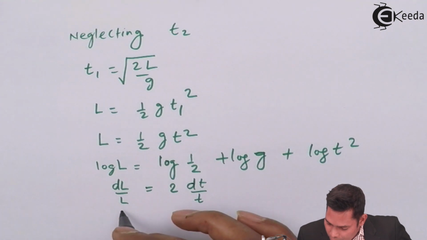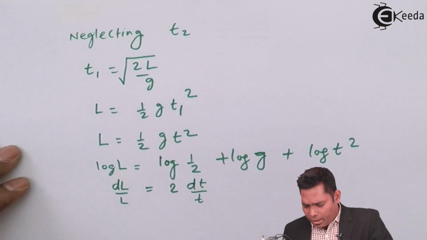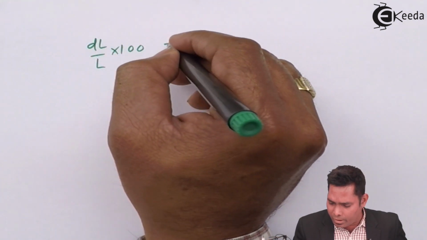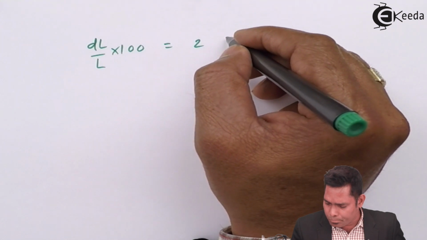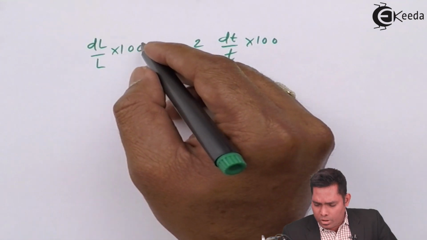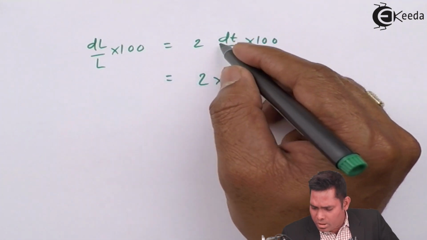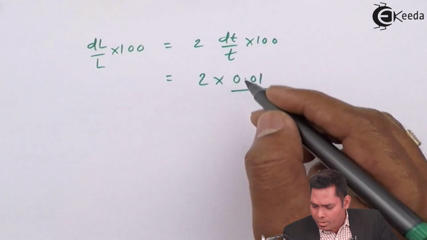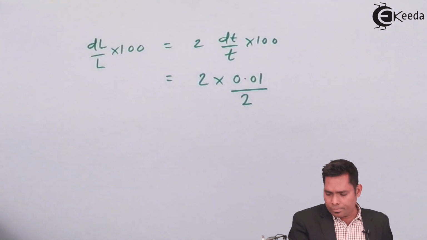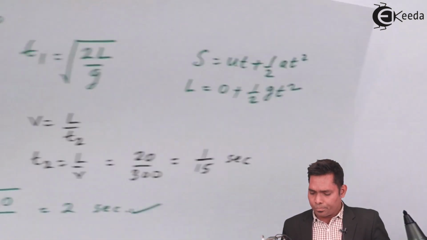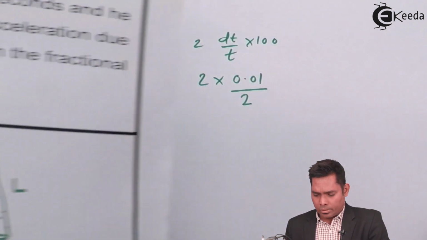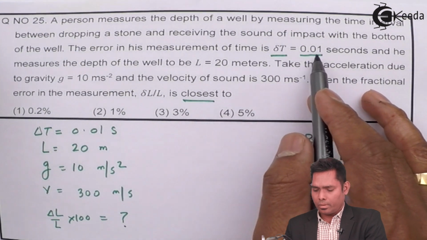Now if I use this as a percentage, the percentage error in the measurement of length is 2 times the percentage error in the measurement of time. So this is given as 2 times, this is given as 0.01, the time I am getting is 2, and this is the error given in the question, 0.01.